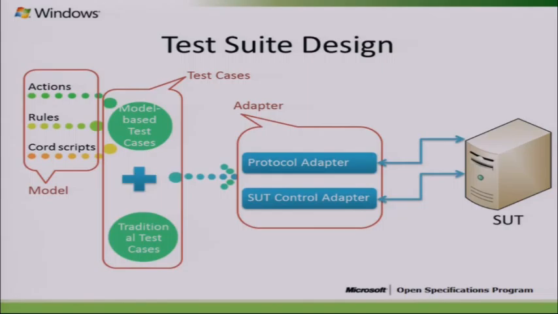Here is an overview of the design of the SMB2 test suite. Based on actions, rules, and code scripts which are used to slice machines from our overall scenario, we have model-based test cases generated, and they combine with traditional test cases to drive our protocol adapter and SUT control adapter to send and receive messages to the SUT. The SUT control adapter is used to put the SUT into some specific situations so that the SUT can send some specific messages to our test client.